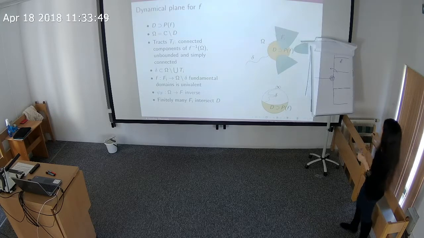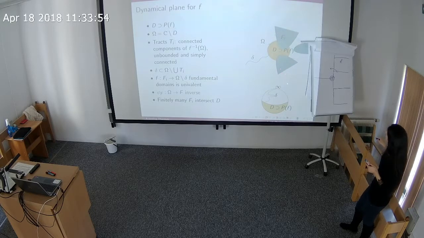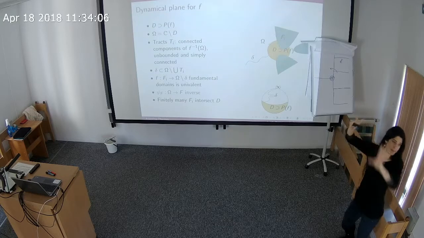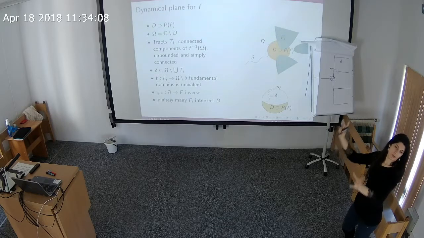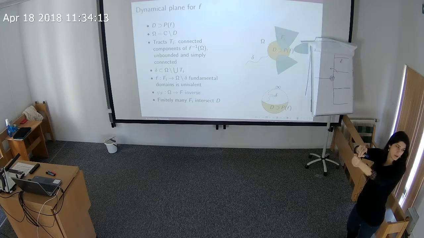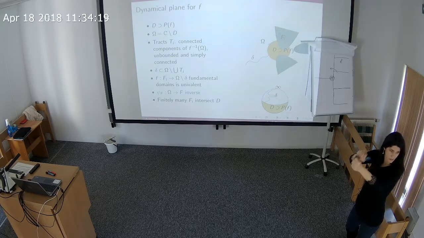But anyway, you really have to worry about the dynamics on these finitely many fundamental domains that will intersect the disk, because, and this is a spoiler, when you have a fundamental domain which does not intersect the disk, it's like a map which maps completely out. So the inverse branch is mapping completely in, and then you have Schwarz's lemma, which tells you that you have an attracting point for the inverse map, and that all the dynamics is going to be attracted to this point.